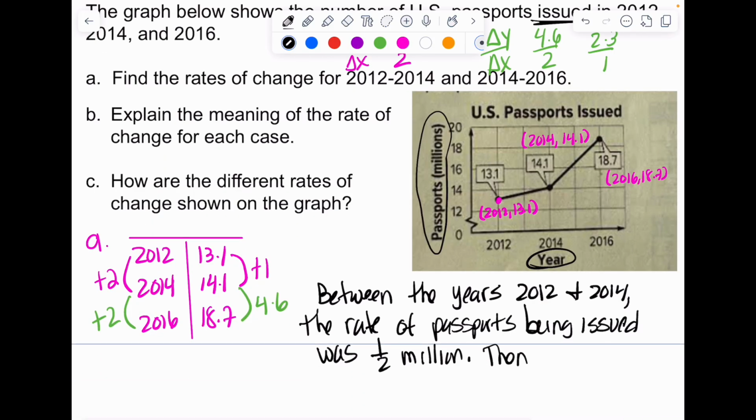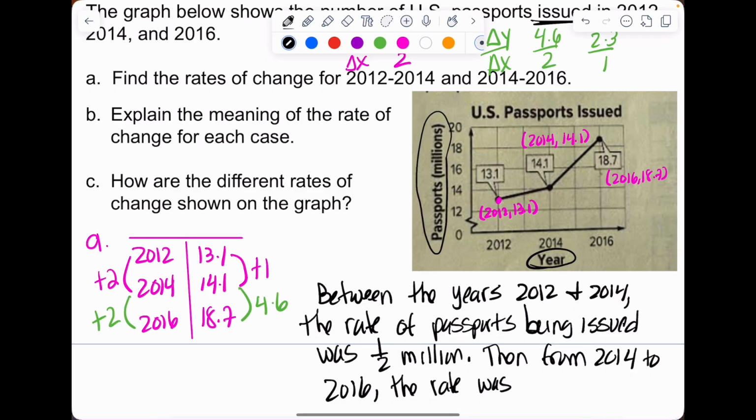Then from 2014 to 2016, the rate was, now be careful, over that 2-year period, it was either 4.6 million in that period or 2.3 million passports per year.